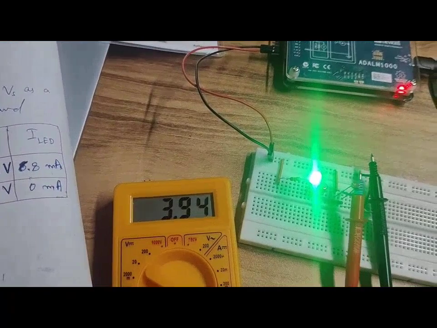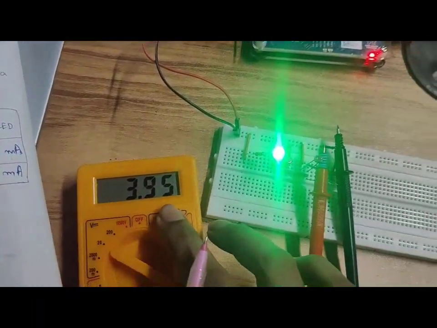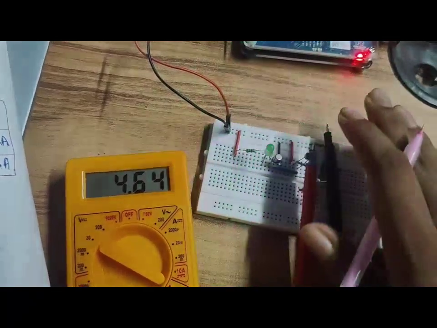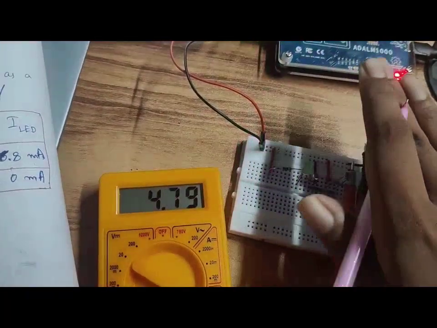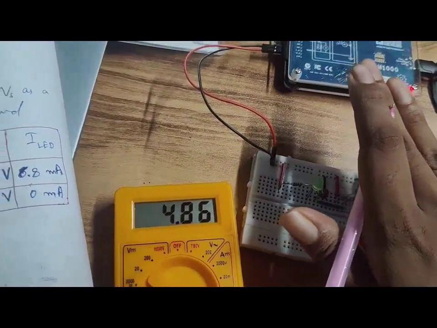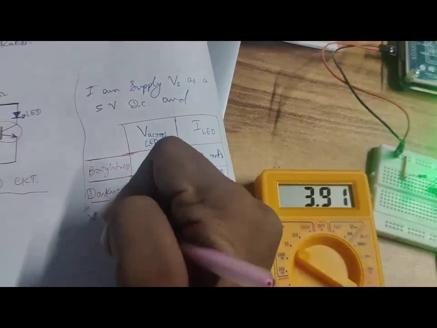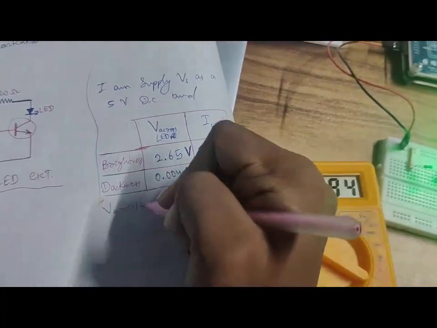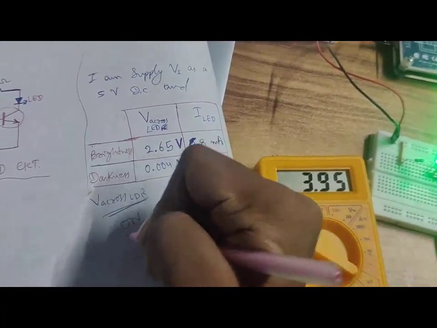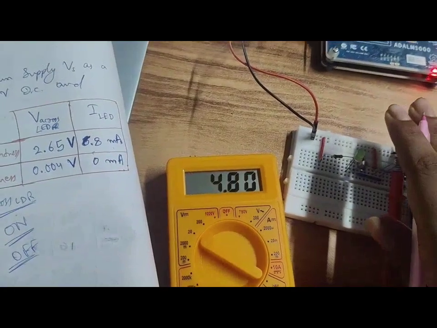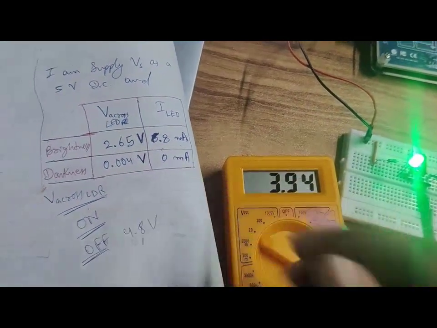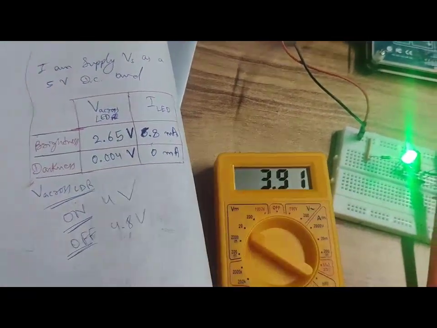I forgot to measure the V across LDR, I mistakenly measured the V across LED, and now I am going to measure. It is showing 4.8 in off condition, yeah, 4.8 volt in off condition and 4 volt in brightness.